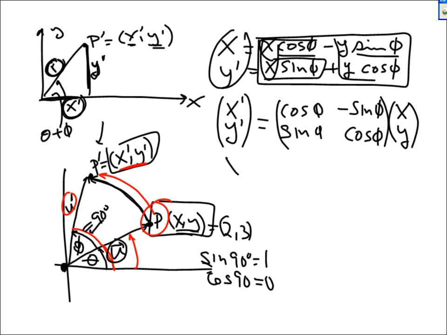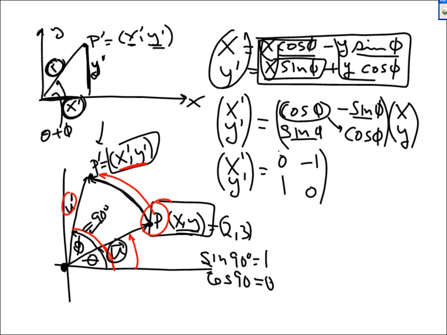So x prime, y prime is going to equal the matrix where the cosine of 90 degrees is 0, so both of those are 0. And the sine of 90 degrees is 1, and this will be negative 1. And the point that we have is 2, 3. And if you actually did the matrix multiplication, you would get negative 3, 2. Okay, there it is.